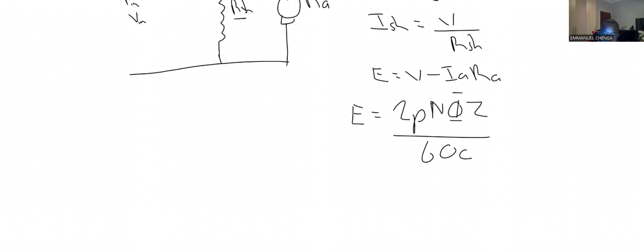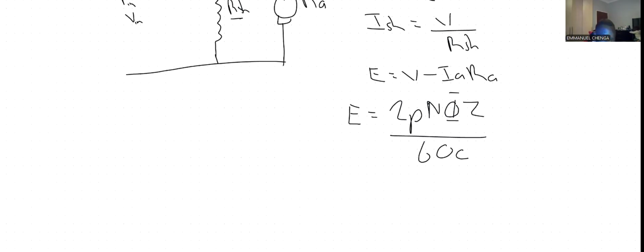If you're given a number of poles, you divide by 2. N is the number of revolutions per minute, Φ is the flux in webers, and Z is the armature conductors, divided by 60C, whereby C can either be for a wave winding or a lap winding. So that's the formula you can use to calculate your EMF. Now you have two different options to calculate your EMF.